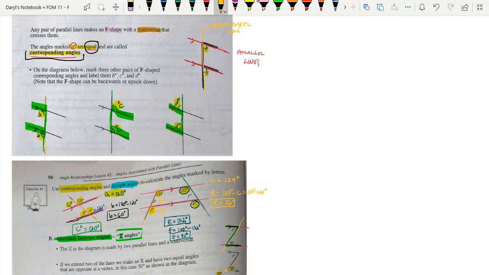And these two angles here, if you measure them, should be equivalent. They are equal because they are corresponding angles.